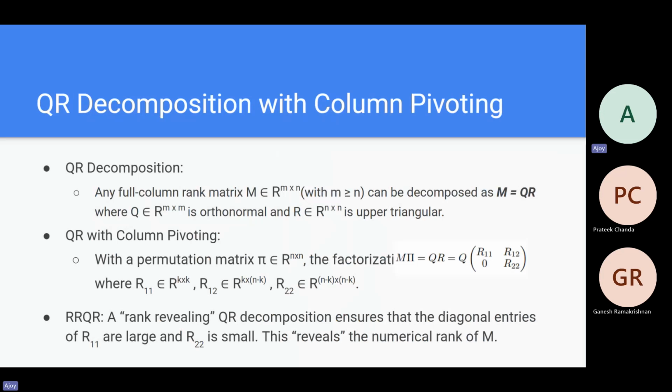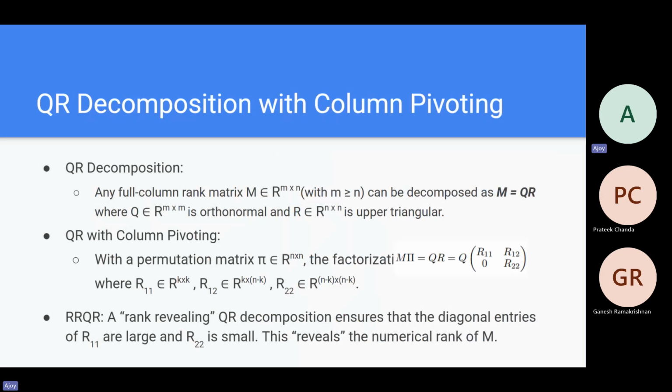So it can be matrices R11, R12, R22, and the dimensions of these are as given in the slide. Then they present another thing, that is rank revealing QR decomposition. Here they set a constraint that R11 will be large, R22 is small, and they try to find the rank based on that.